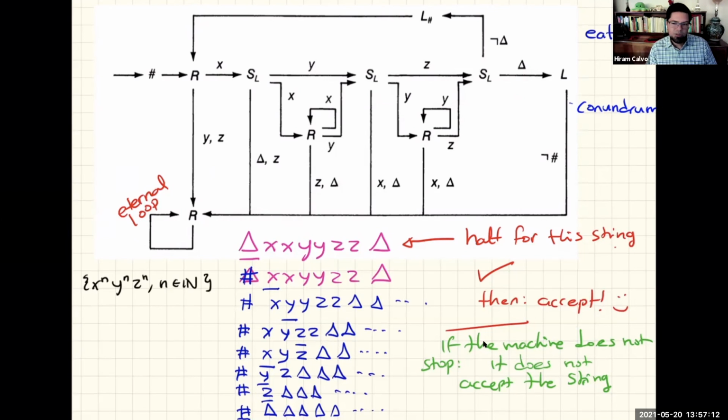So now it's up to you to verify for other strings how they are not accepted by this Turing machine. This Turing machine is designed so that whenever the pattern of x, y, z is broken, it will just keep looping and looping eternally. So now you can imagine how many machines are still running in the universe. That's terrible, right?